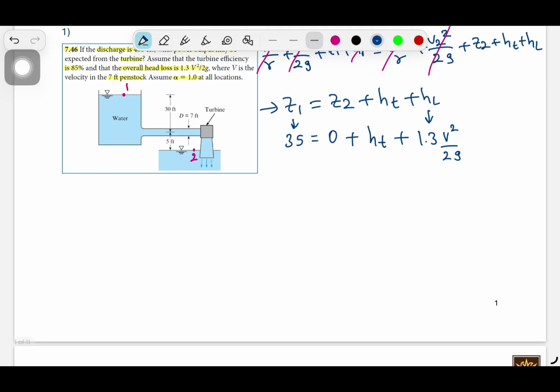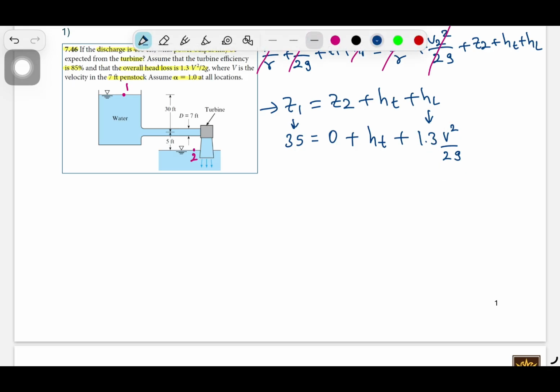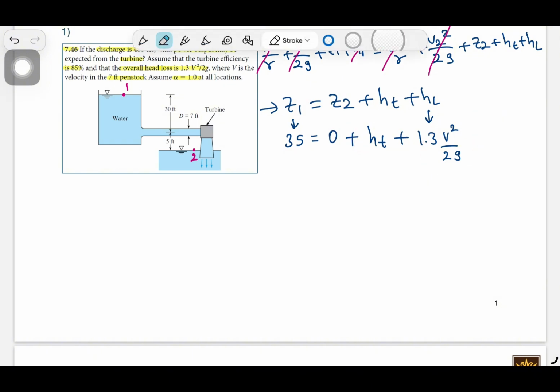So here the only unknowns are V and HT. We can get the velocity from the given discharge so that we can find HT.